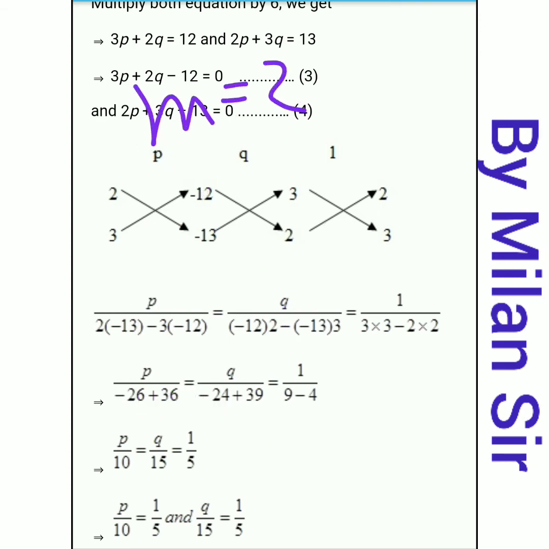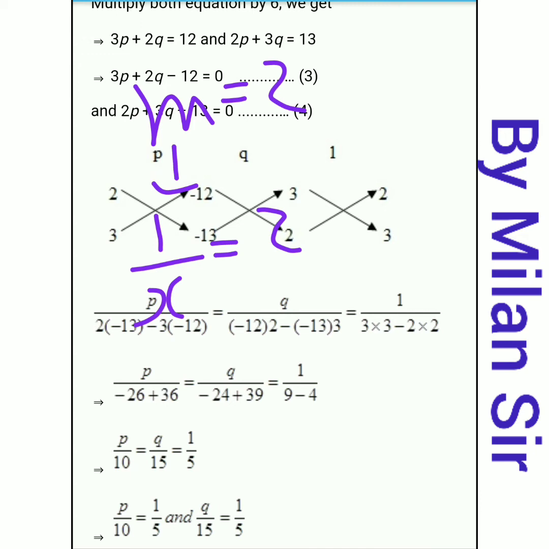Now initially we assumed that 1 upon x is equal to m, right? So in place of m, we can write 1 upon x, because at last we need to find the solution of this equation. Solution means we need to find the values of x and y. So we get m and n, and after that we need to convert back into x and y.